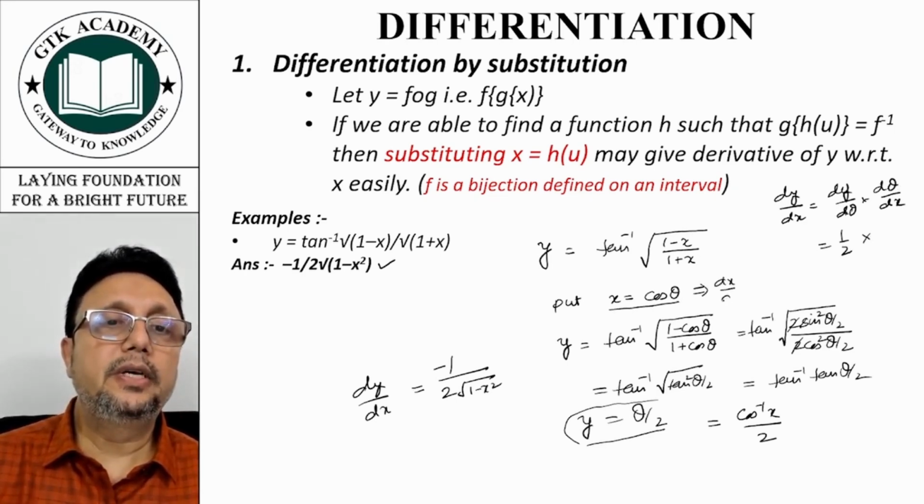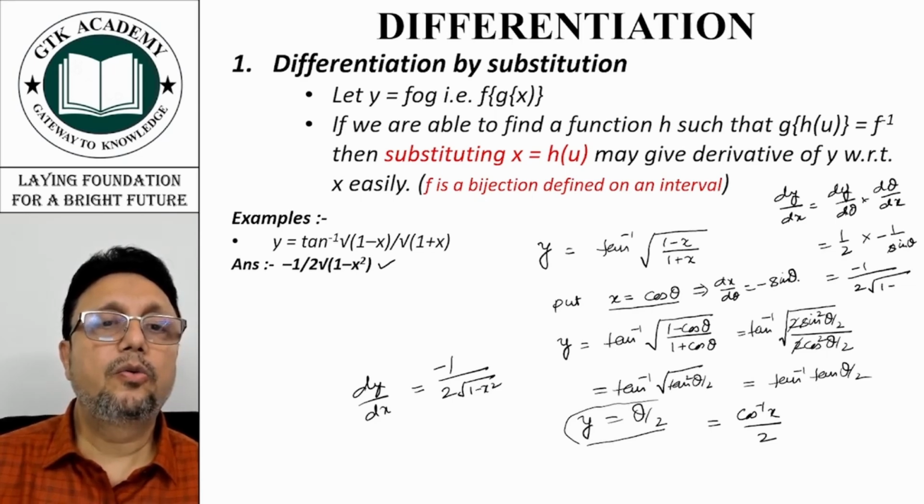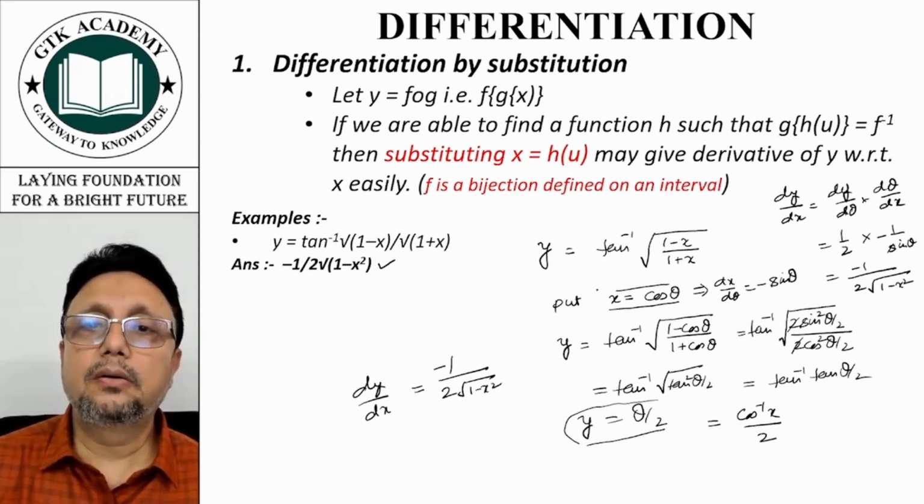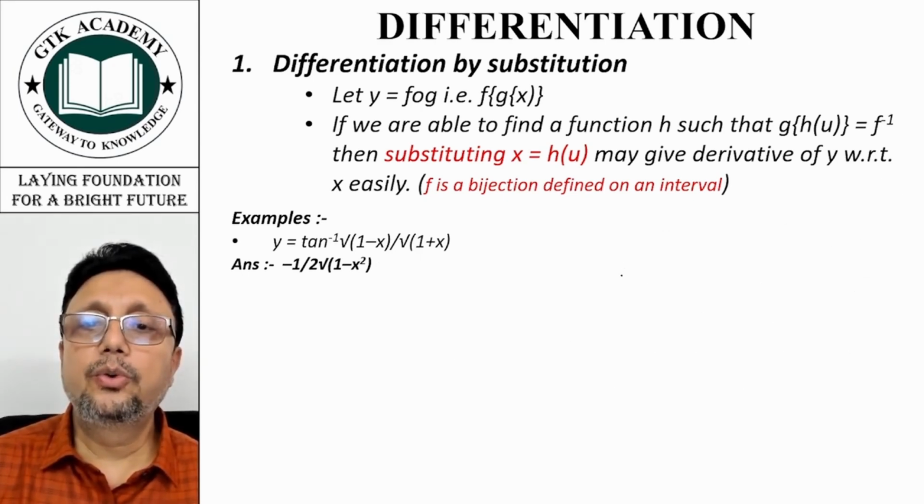Dx upon d theta is equal to minus sine theta, and d theta upon dx is minus 1 upon sine theta. So this is minus 1 upon 2 sine theta, and sine theta is under root 1 minus cos square theta. Cos theta is your x, so 1 minus x square. I hope it's clear to you.